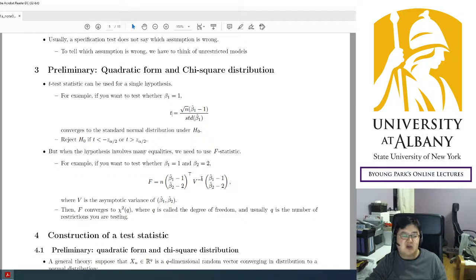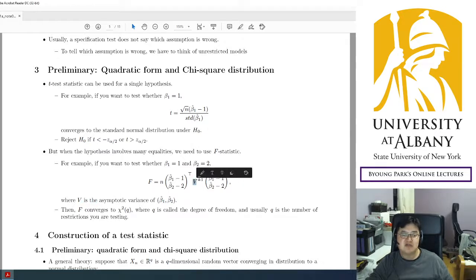So in the end, you are going to use this formula. So this is the difference between beta 1 and 1, beta 2 and 2, and the difference is weighted by variance inverse. This is exactly the same form as the GMM criterion function, right? Remember, GMM uses variance inverse. Yes, it is. V is the asymptotic variance.